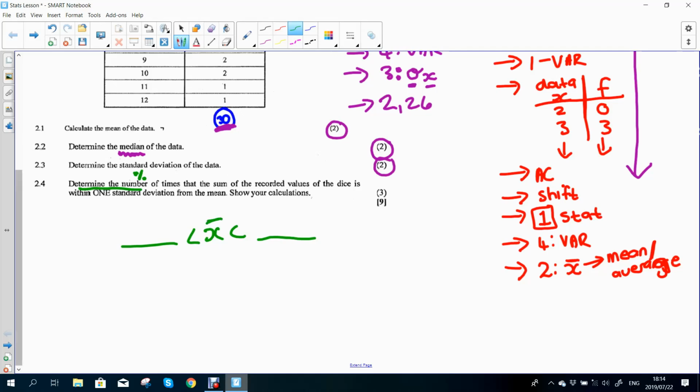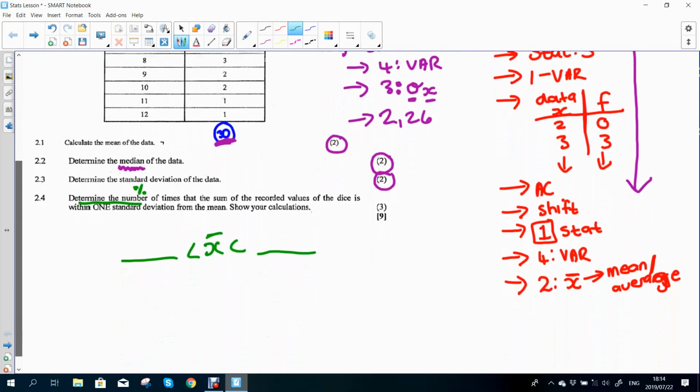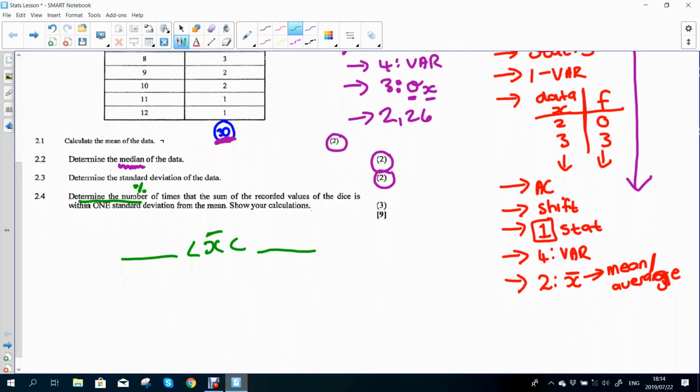The mean value that we worked out was 6,73, right? So your mean is in the middle, 6,73, and to get to the boundary on the right, we will add the standard deviation, which was 2,26.